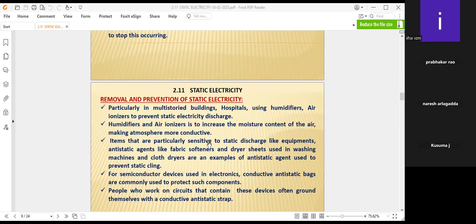Items that are particularly sensitive to static discharge, like equipment, need anti-static agents. Fabric softeners and dryer sheets used in washing machines and cloth dryers are examples of anti-static agents used to prevent static cling. It will be discussed in the coming slides also.